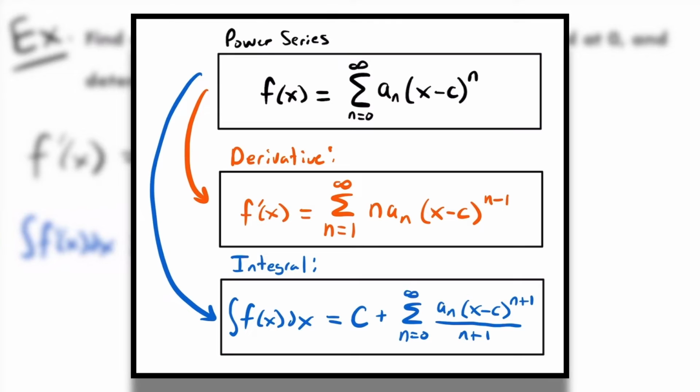And then just as a review, we're going to need this later in our second example. The derivative of a power series can be found by using the power rule for derivatives. So we multiply the exponent of x minus c down and subtract 1 from that exponent. So we have n, the exponent that we multiply down, times a sub n times x minus c to the power of n minus 1. We subtract 1 from that exponent, okay?